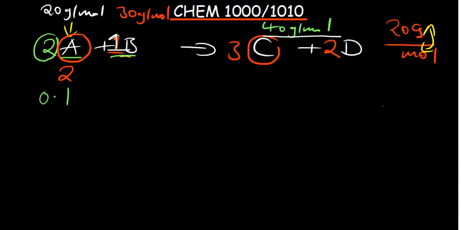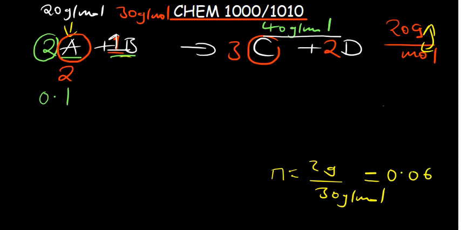Of course, taking note that our actual number of moles of B that were available from our calculations, we said 2 grams divided by the 30 grams per mole, we had 0.0667, right? Those were the actual number of moles. So now let's use the limiting reagent to determine the number of moles of B that are going to react.